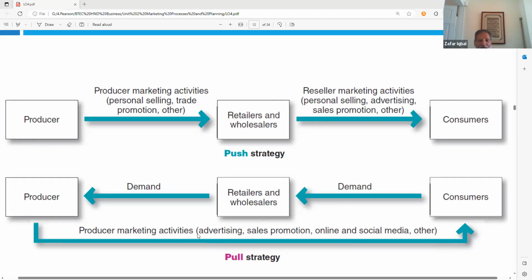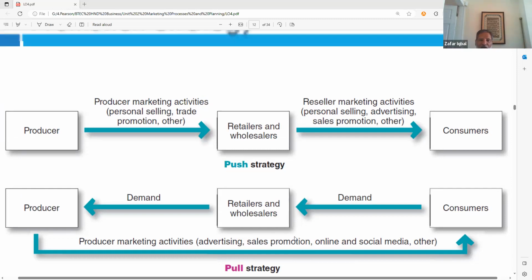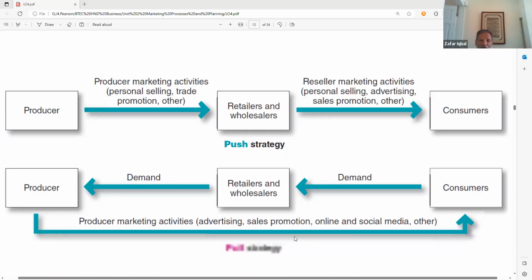And this way, producers base their marketing campaign on the public's demand. Okay, so the product is demanded by the public from the producers through the wholesalers and retailers, whereas the push strategy pushes the products from the producers to the wholesalers to the consumer. So it's a reverse. Therefore, we must distinguish between push and pull strategy when we want to promote our products.